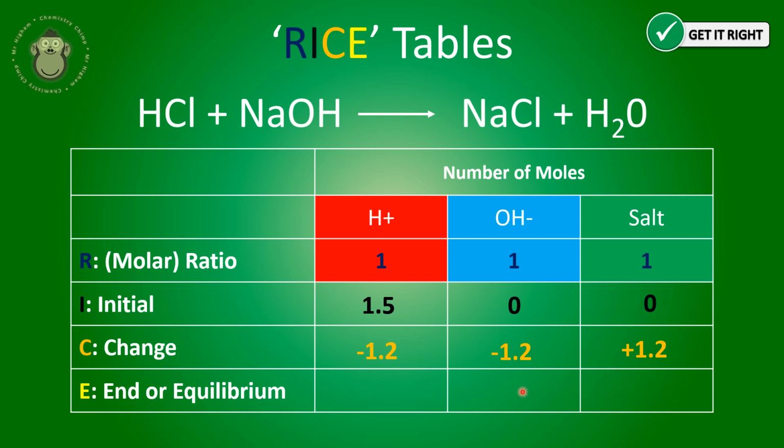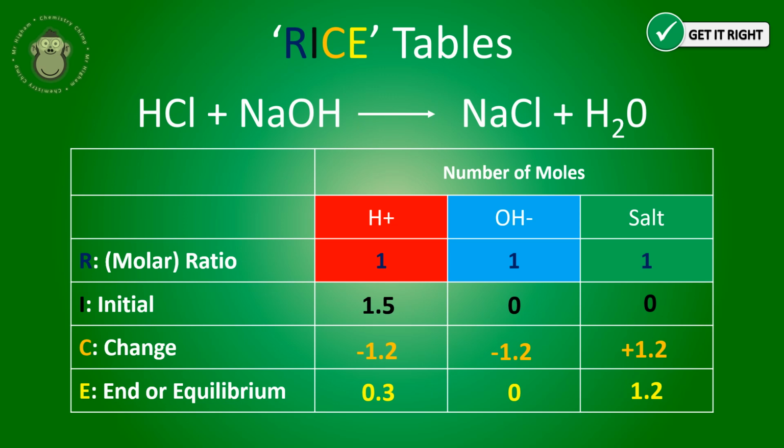The remainder of the table is up to you to complete with the simple maths. So we've got 1.5 minus 1.2, which gives us 0.3. There are no moles of hydroxide ions left. And then for the salt, we start off at 0 and then we add 1.2 moles. So that's basically how we create that ICE table.